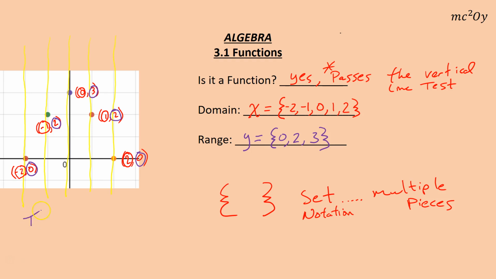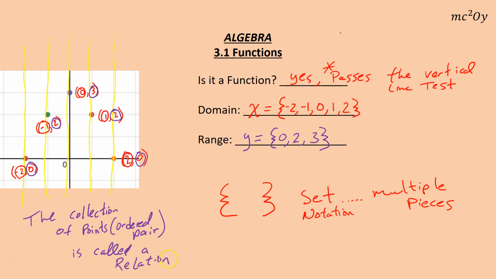The collection of points, of ordered pairs, that's what we call the points. Notice they're ordered pairs. That's an ordered pair. The collection of points is called a relation.